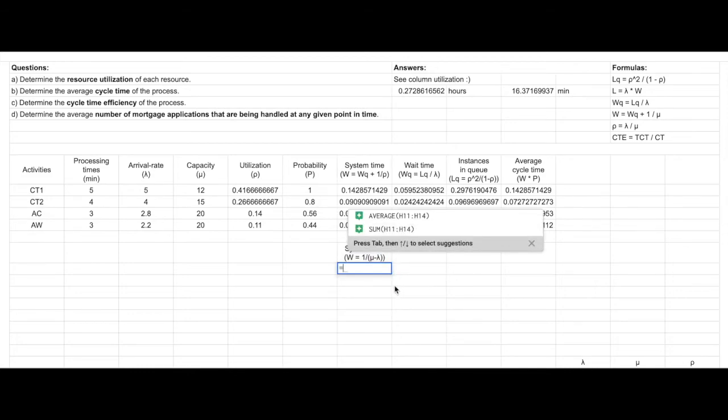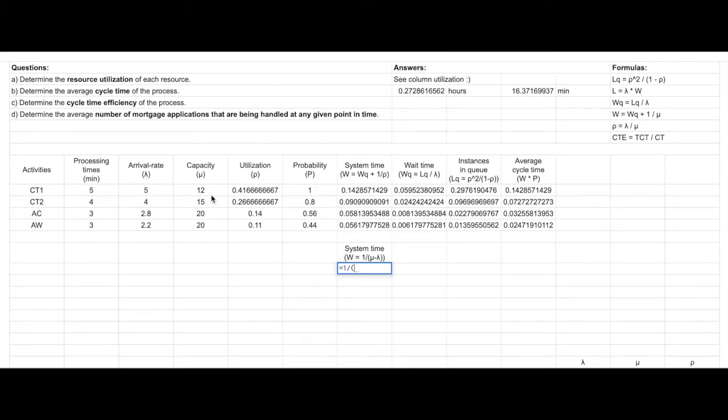If we calculate this, 1 divided by capacity minus arrival rate, we should get exactly the same results as we got here. And it seems that we do, right?